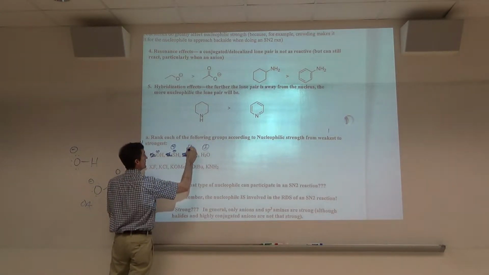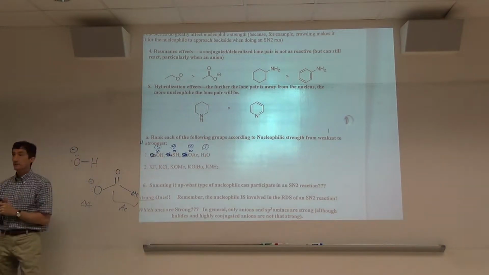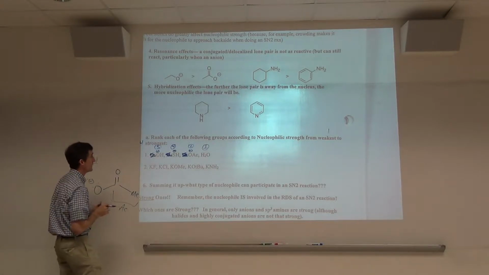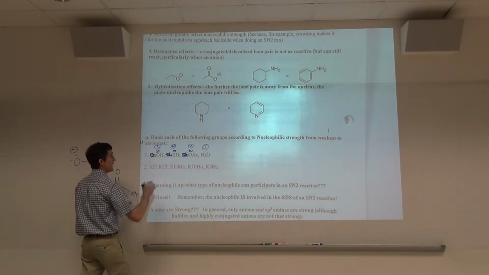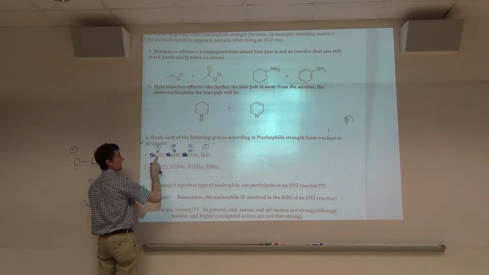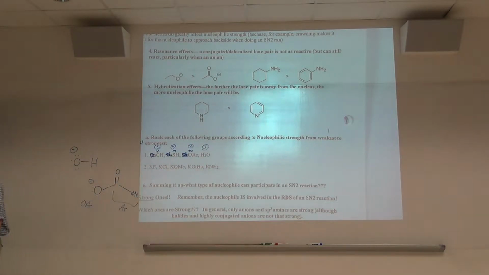So this is 2, and this over here is 3. Is that right? Weakest is, yeah. That's weakest. This is next weakest. That's stronger than that because it's not resonance. That's stronger because the sulfur is a bigger atom compared to oxygen.